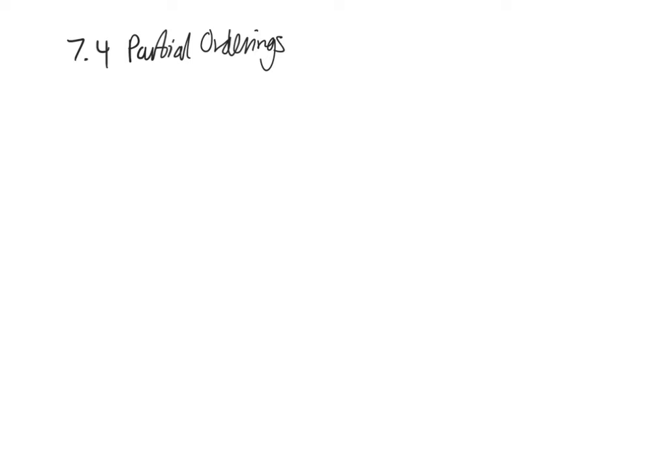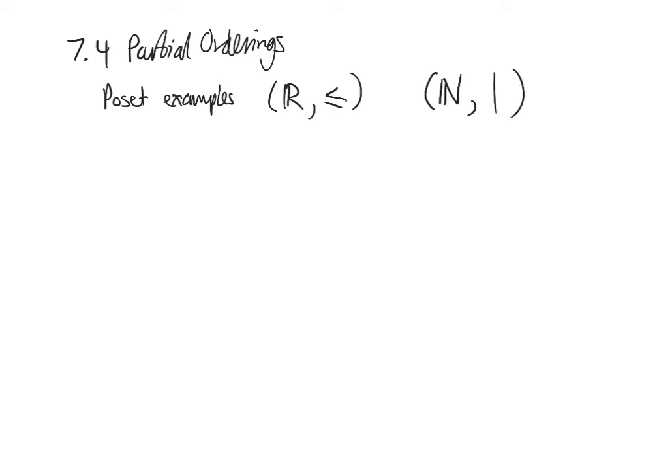All right, so we've seen a few examples so far of PO sets. We've seen the set of real numbers, let's say, with the less than or equal to relation. And we've seen the set of natural numbers with the divides relation.